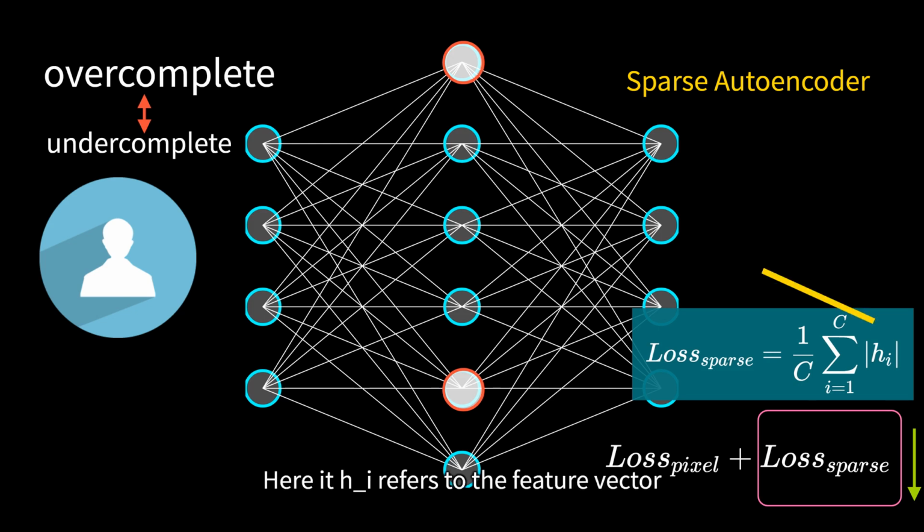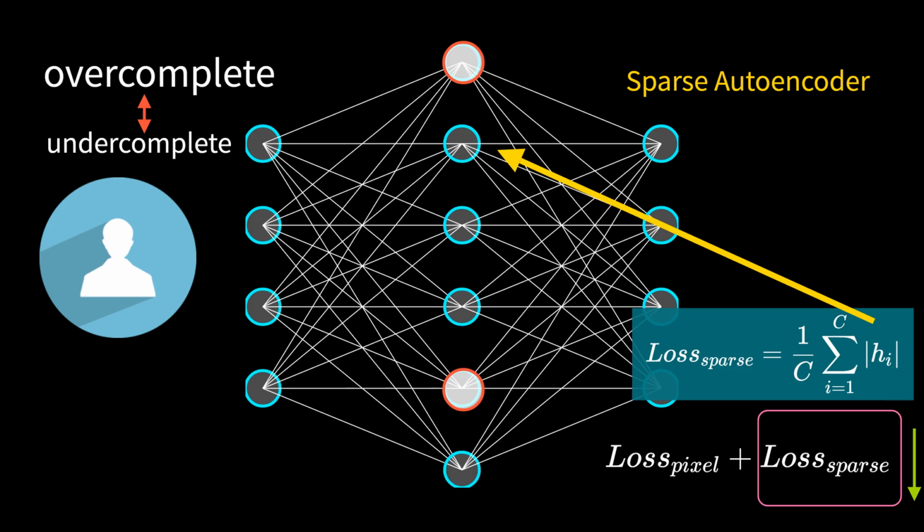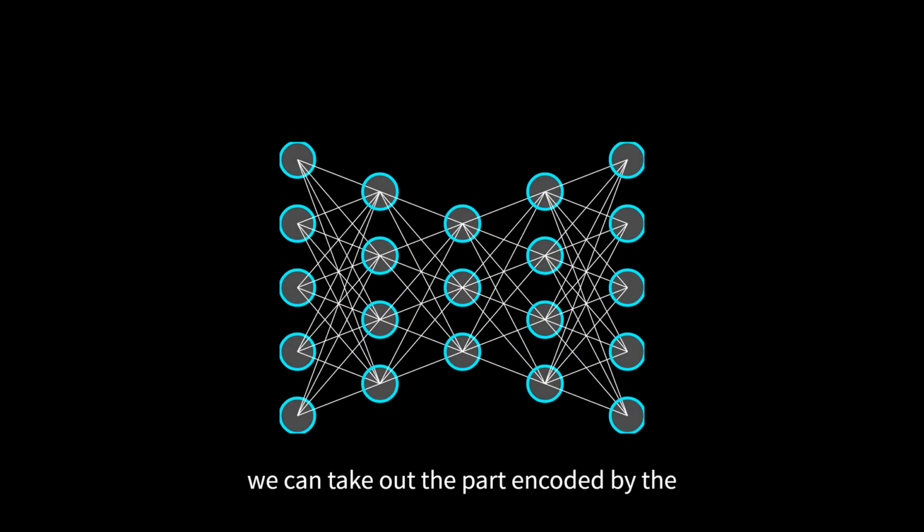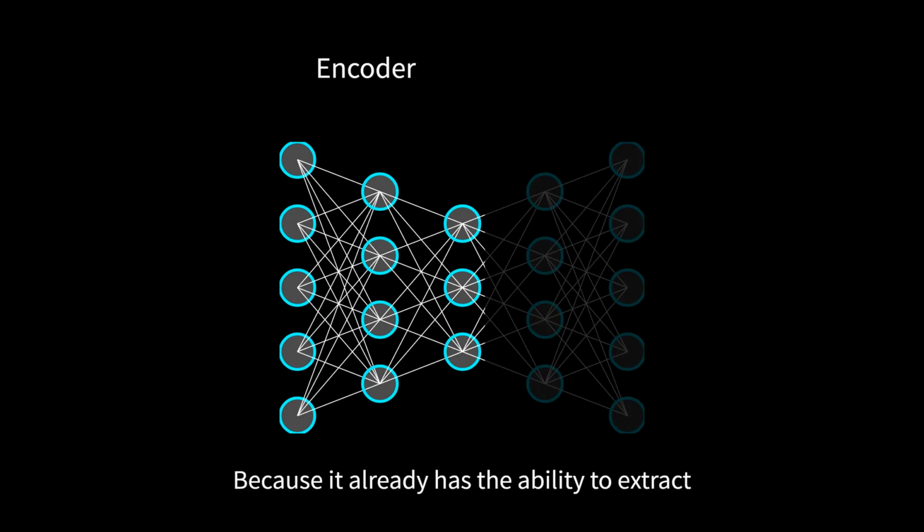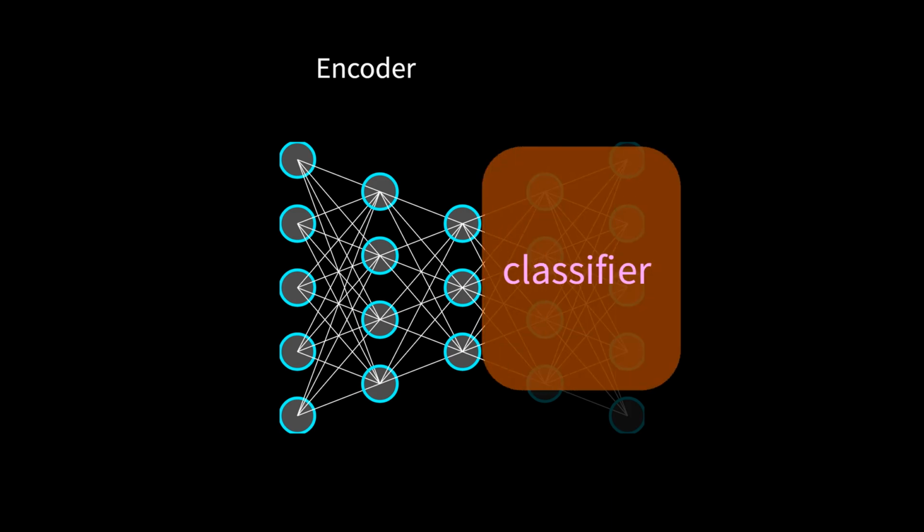Here hi refers to the feature vector of the middle layer. Through such training, we can take out the part encoded by the encoder because it already has the ability to extract the valuable information of the input x. We can add a classifier to it, which makes it a classification model.